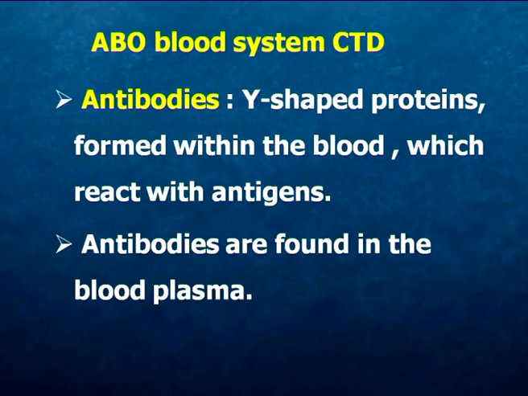Now, the reaction between antigen and antibody leads to incompatible blood transfusions. That is why we are to know about the antigens and antibodies in general. Antibodies are Y-shaped proteins formed within the blood, which react with the respective antigens.